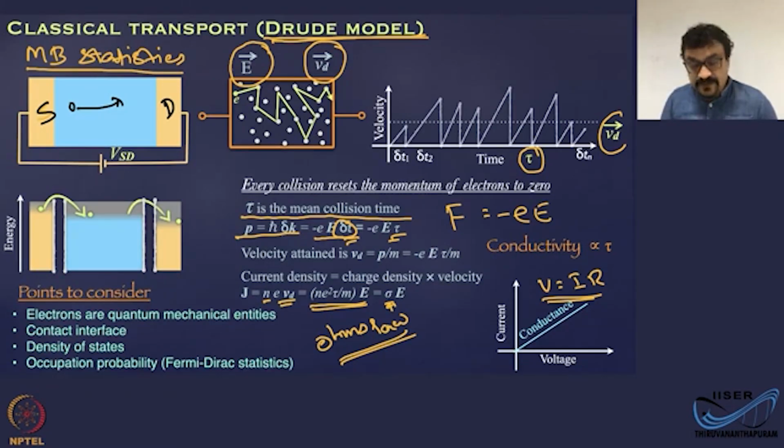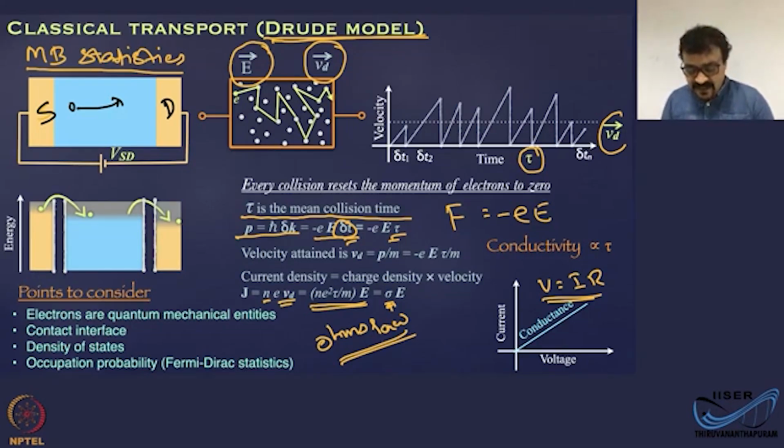One, which is very, very important to consider, is that electrons are quantum mechanical entities. So this Maxwell-Boltzmann statistics is something which you cannot apply all the time, because electrons are fermions and you need to apply Fermi-Dirac statistics.